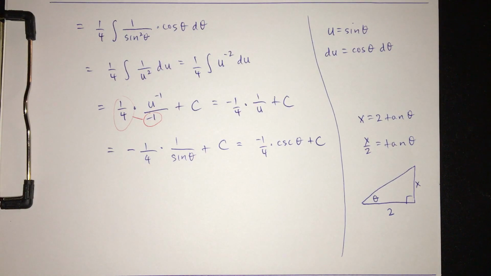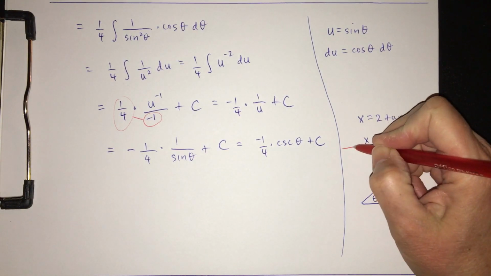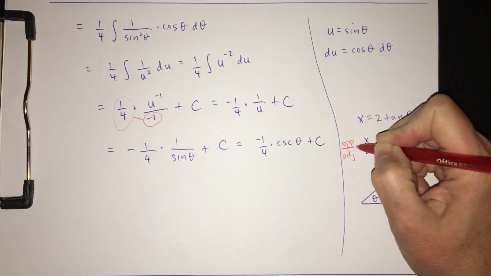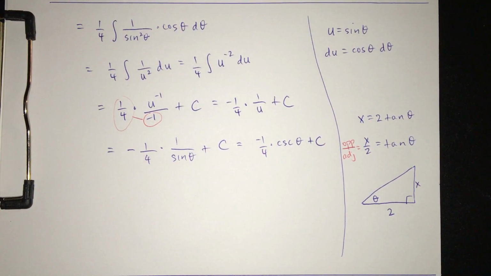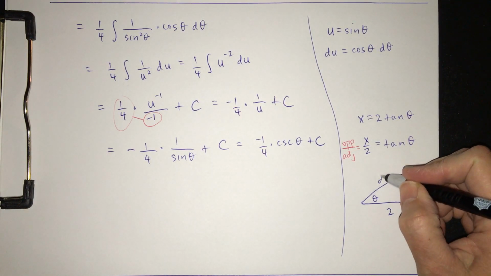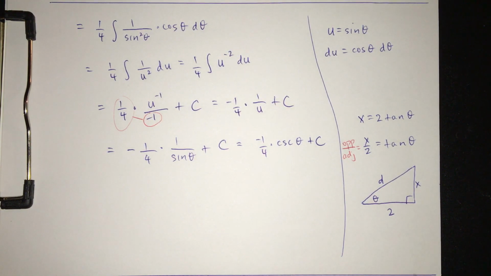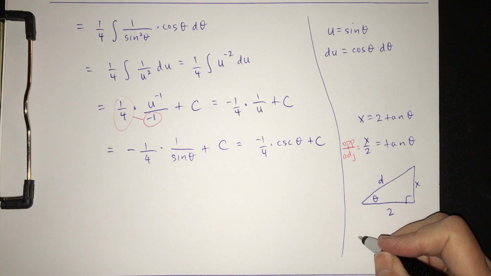So I'm looking at this fraction right here. Opposite is x, adjacent is the 2. And to get the third side, you can use the Pythagorean Theorem. And if I call the third side D, I'm trying to use letters I haven't used in the problem yet, so I'll call it D.